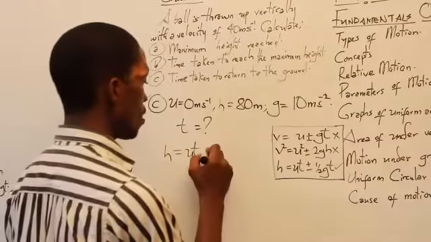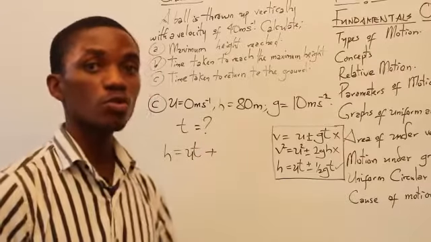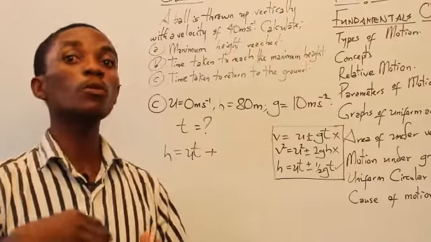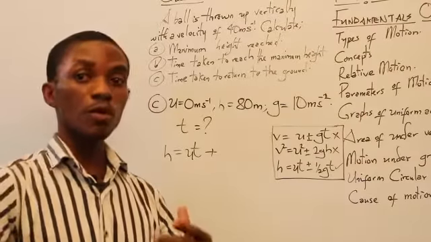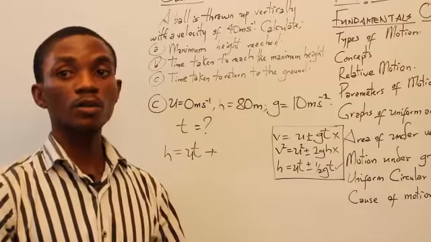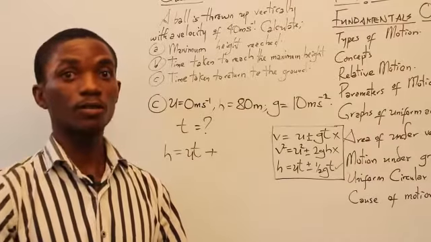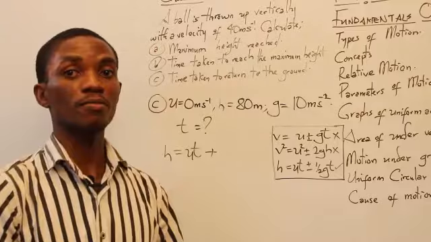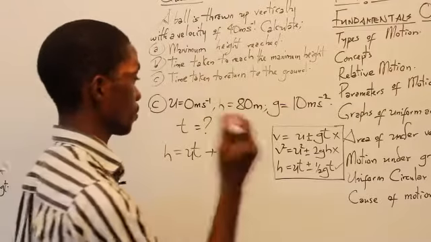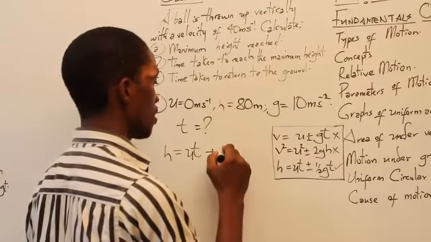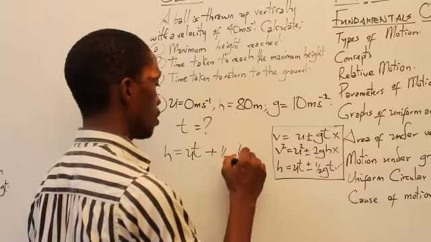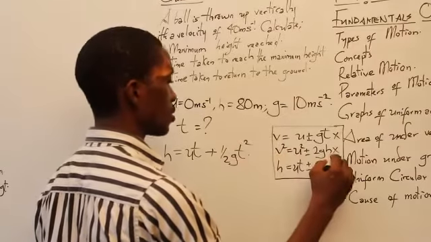So we'll be working with plus. In our previous two questions, our motion was in opposition to gravity. We were going up. But this time around, we are coming down, which means we are coming in support of gravity. So we have plus half gt squared.